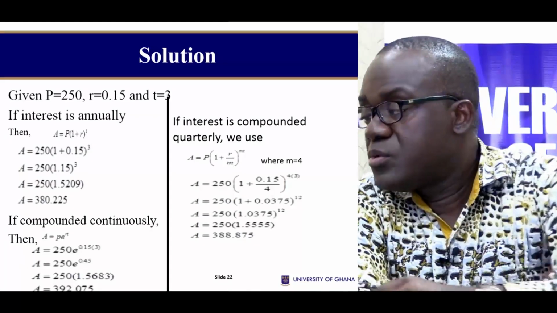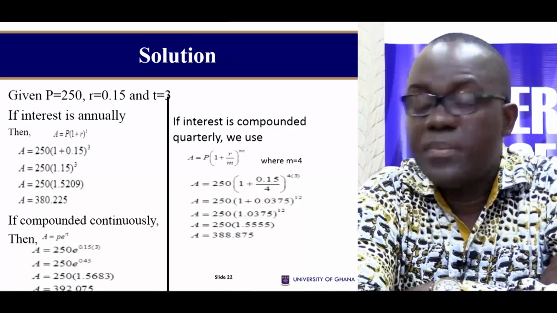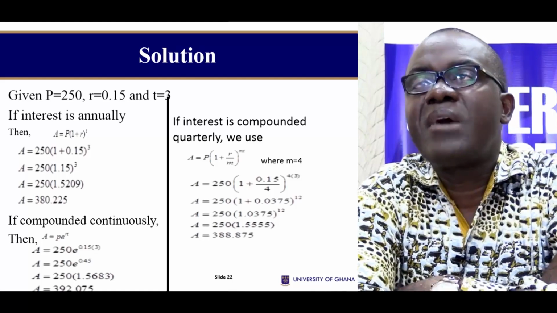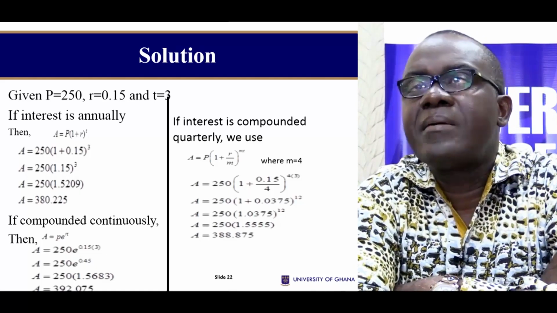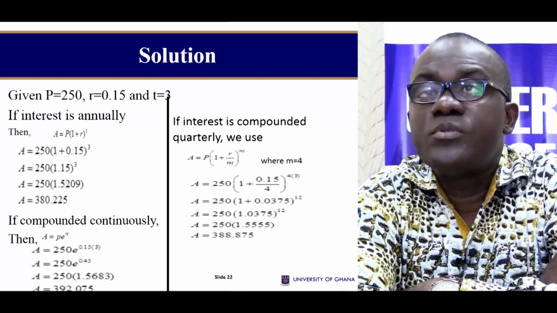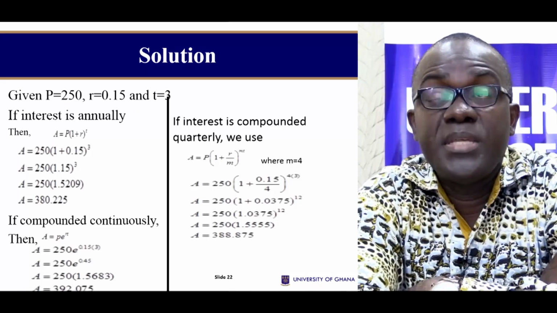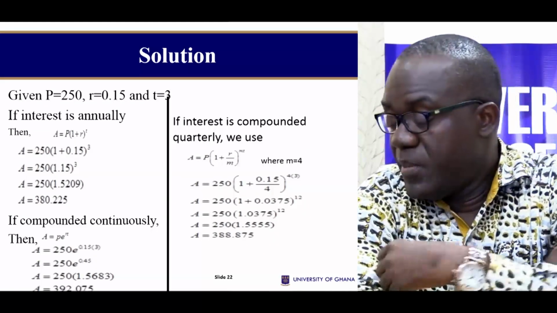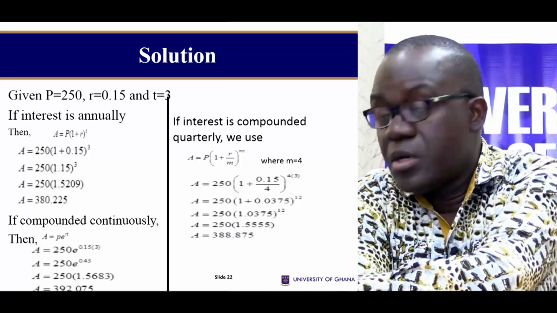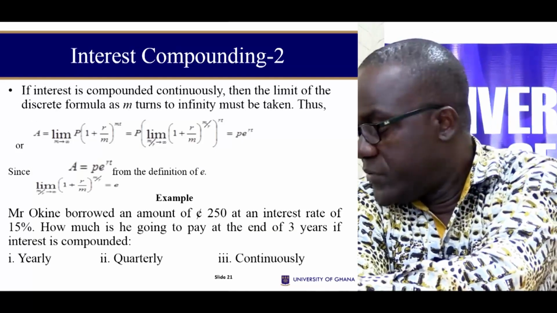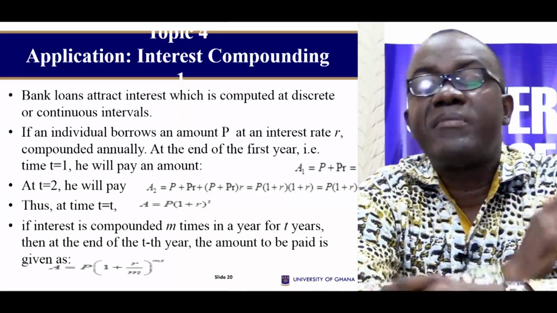Further, I try to solve some examples. In the first example, I've given you your P, your R, and then your T. What you have to do here is that you should be very good in changing the subject of your formula. In the formula that I have over here, you have so many variables.